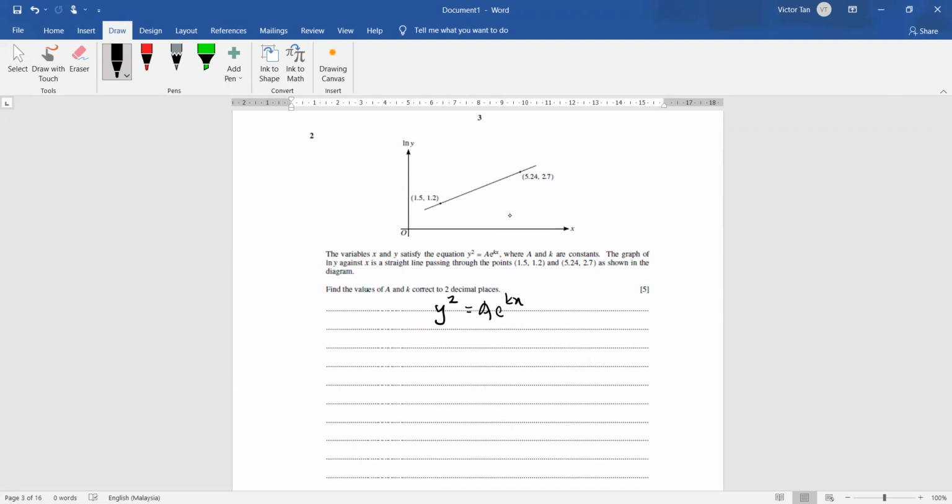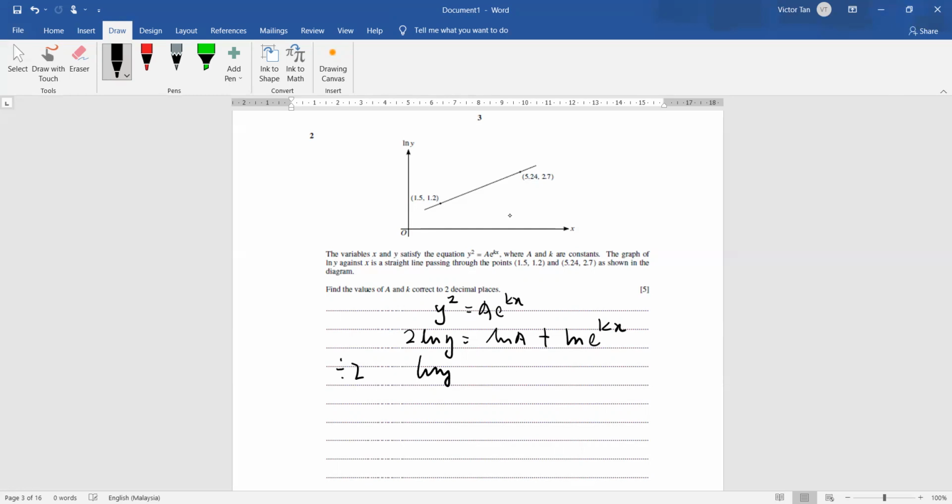So you log both sides of the equation. ln y squared equals ln a plus ln e to the kx. Then divide by 2.